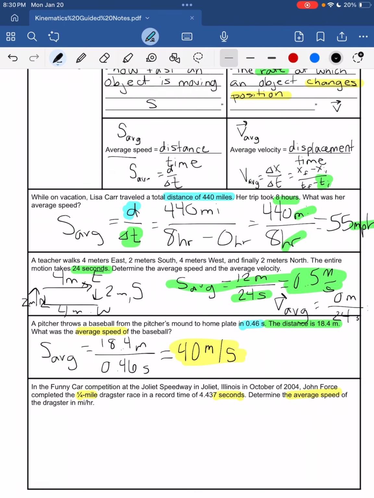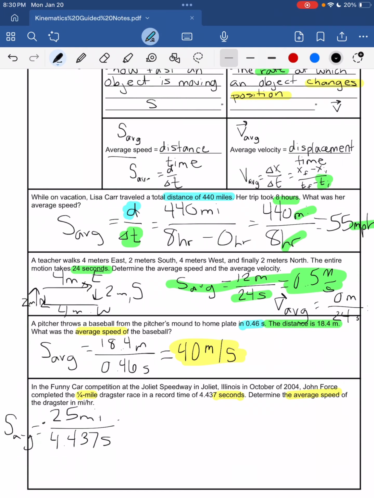1/4 mile, so if you did 1 divided by 4 on your calculator, if you need to do that to find this as a decimal, you can do that. But 0.25 miles. 0.25 miles was his distance. 4.437 seconds.